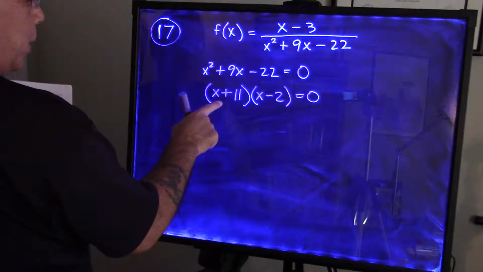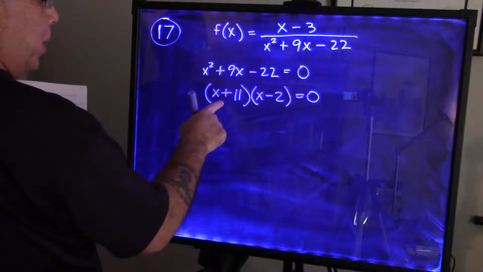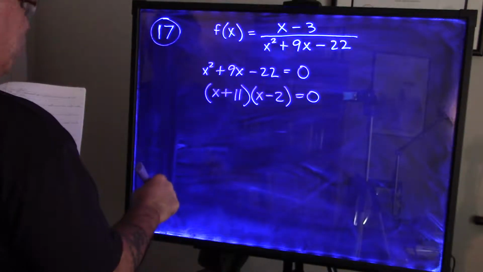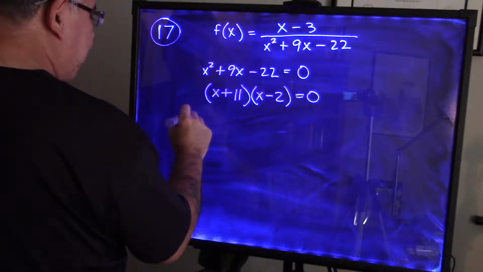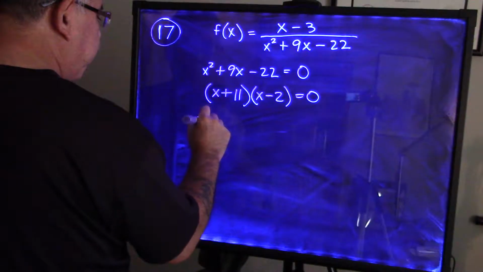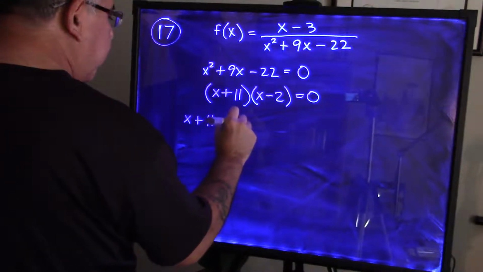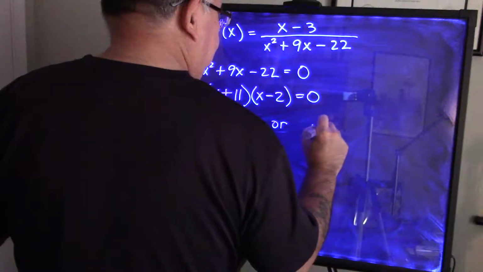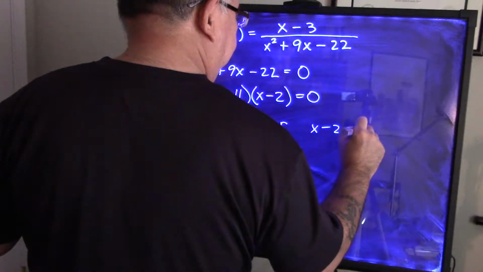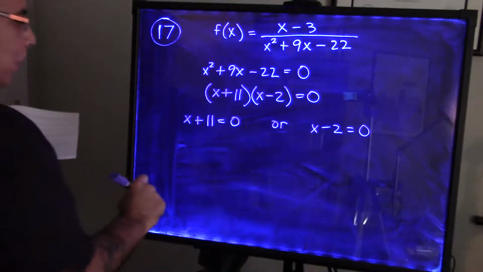Since this times this equals 0, that means one of these factors must be 0. So that means x plus 11 equals 0, or x minus 2 equals 0. So you solve these two separately.